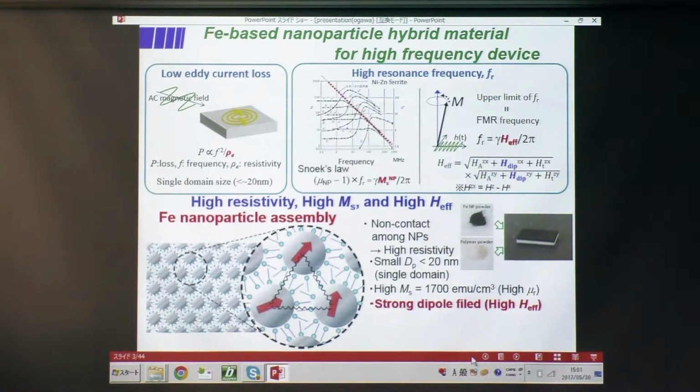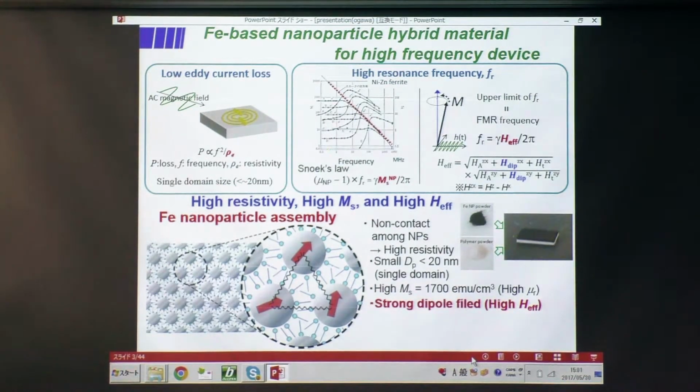My purpose is to fabricate an iron-based nanoparticle hybrid material for high-frequency devices, such as antenna devices. In such devices, low eddy current loss, high resonance frequency fr, and high permeability are needed. In this case, a single domain size less than 20 nanometers is needed.